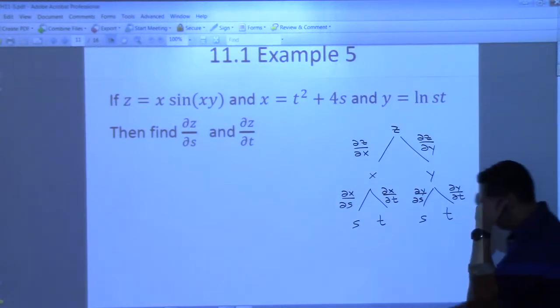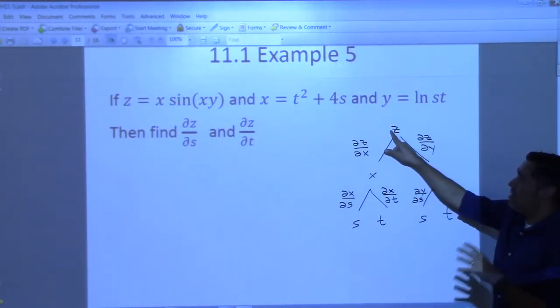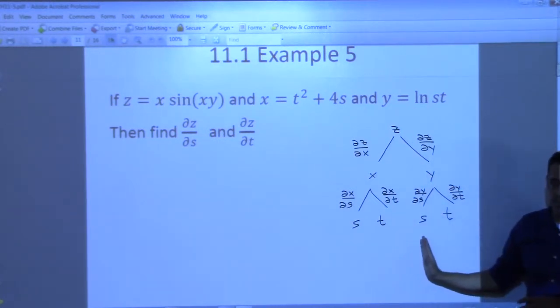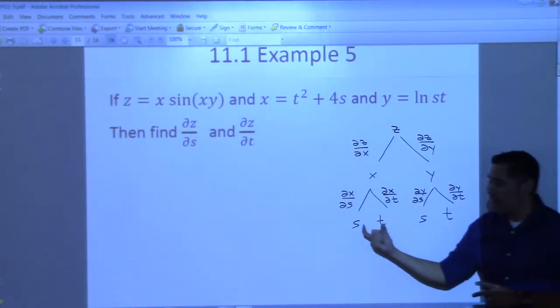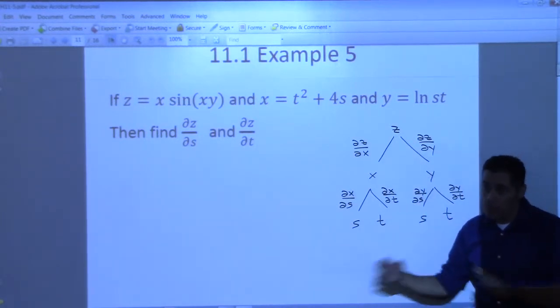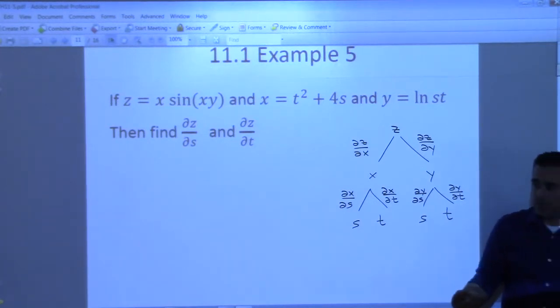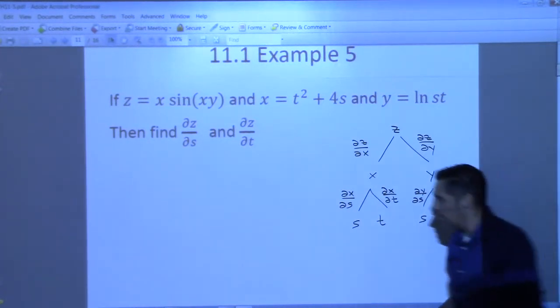Now let's think about this. At the end of the day, z depends on how many things? Two things, s and t, right? So since z depends on two things, that means there are two derivatives possible. This goes back to what I drew earlier.